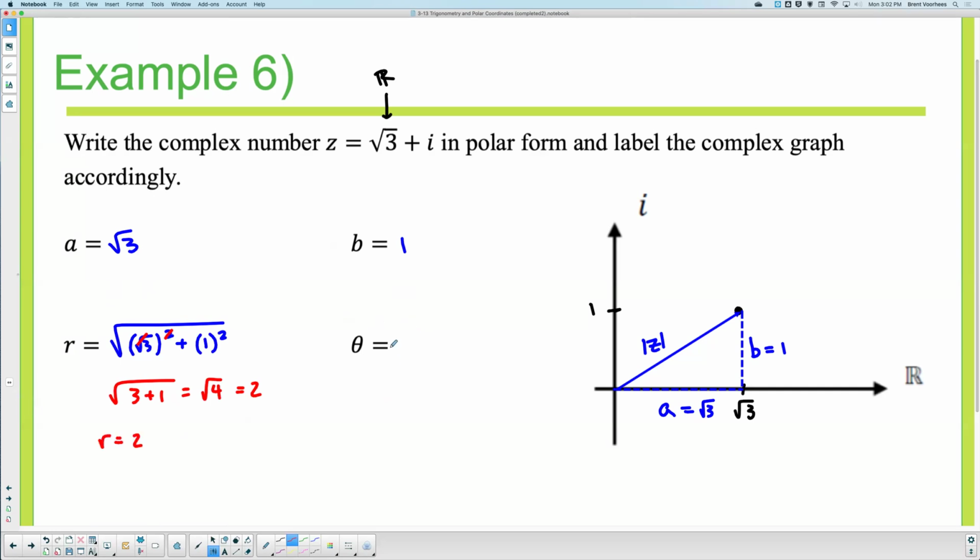Now, for my theta, what you'll do is the inverse tangent of, normally we'd say y over x, which in this case is technically b over a, so it's 1 over square root 3. Now that's a hand trick value. This is the same thing as square root 1 over square root 3. So if you turn your hand upside down, because it's inverse, I need one y finger, I need 3 x fingers.